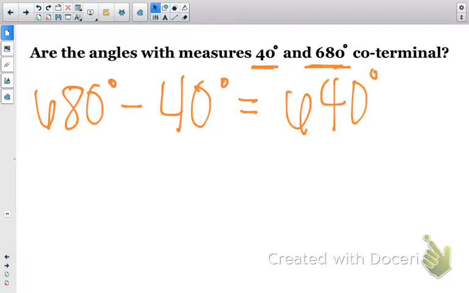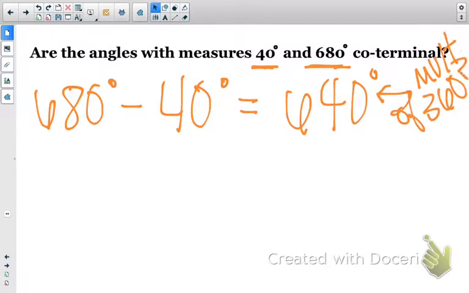And we have to see, is this a multiple of 360? The easiest way to tell is to divide it by 360, and if we get a number that comes out without any decimals, then it is a multiple, and then it would be coterminal.